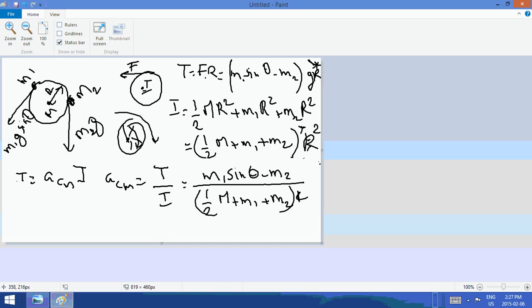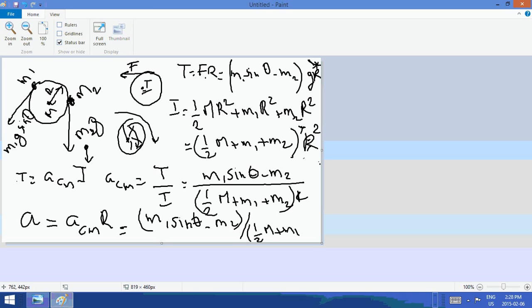And if we want, let's say, m2, which is down here, what is its acceleration, m2 and m1 will have the same acceleration, so we need to multiply the angular acceleration by r. Okay, A_CM multiplied by r will give us m1 sine theta minus m2 divided by half of m plus m1 plus m2.